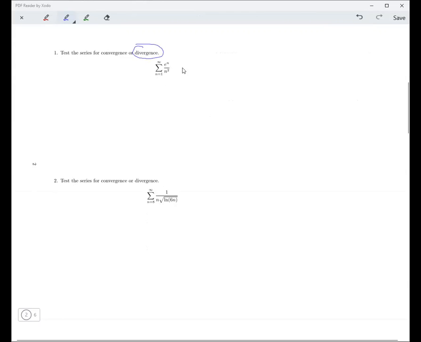It diverges, because the limit as n goes to infinity of e to the n over n squared is not 0. In fact, it's infinity, because e to the n grows faster than n squared does eventually.